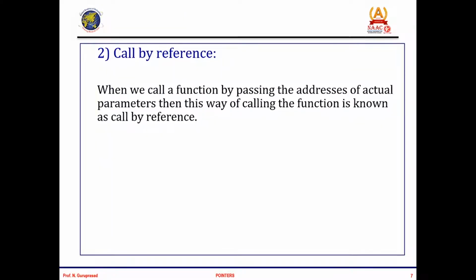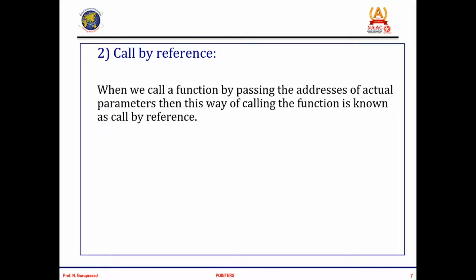When we call a function by passing the address of actual parameters, then this way of calling the function is known as call by reference. Means what? If you recollect the earlier call by value code, we sent a and b as parameters, that is the values. Now in call by reference, we are not going to call the function with values as parameters.